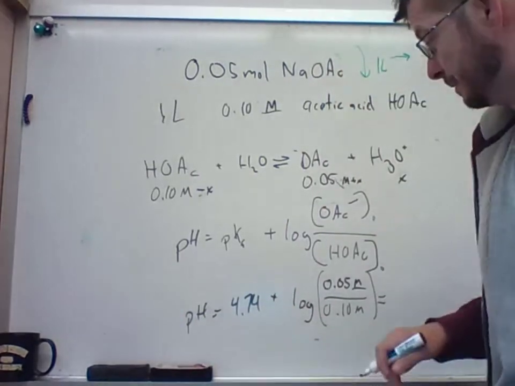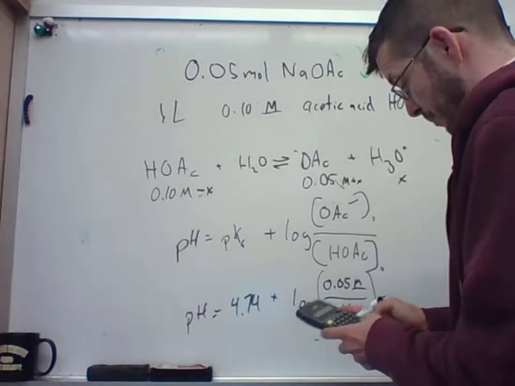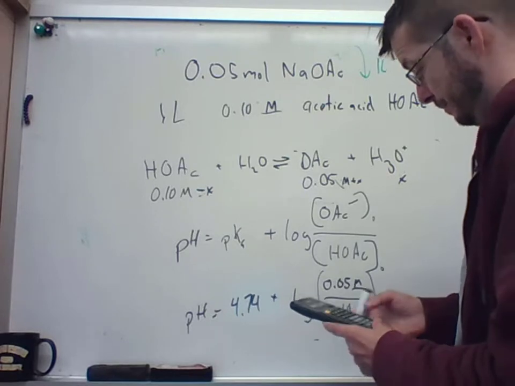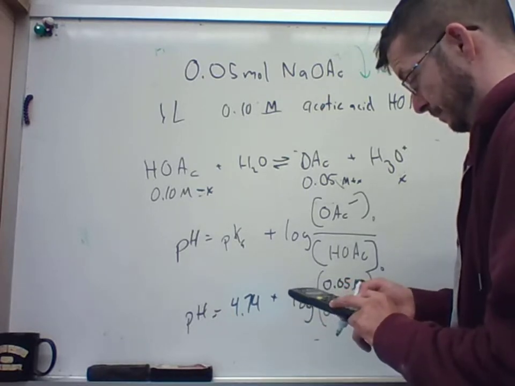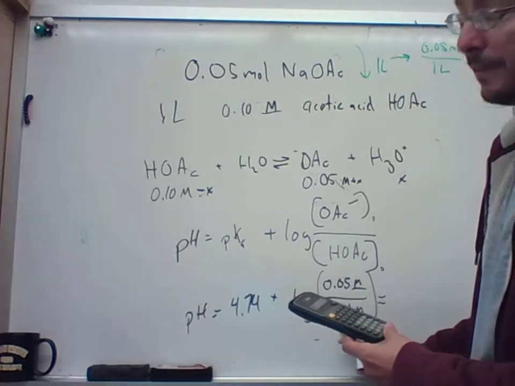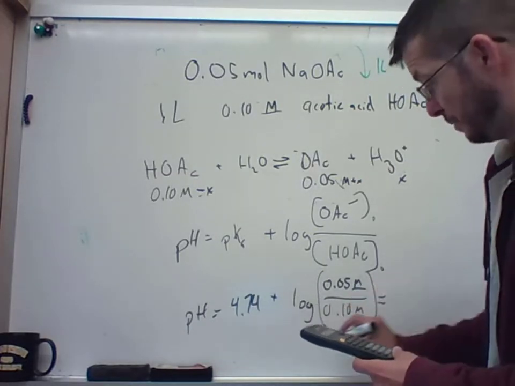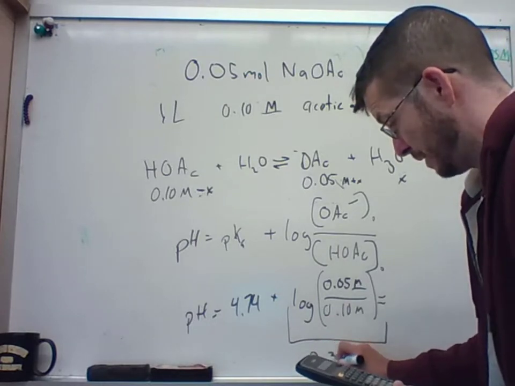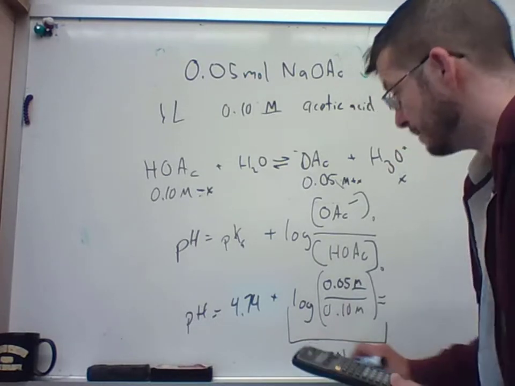And from there, we get the same idea, 0.05 divided by 0.1 is equal to 0.5, the log of which would be negative 0.301.